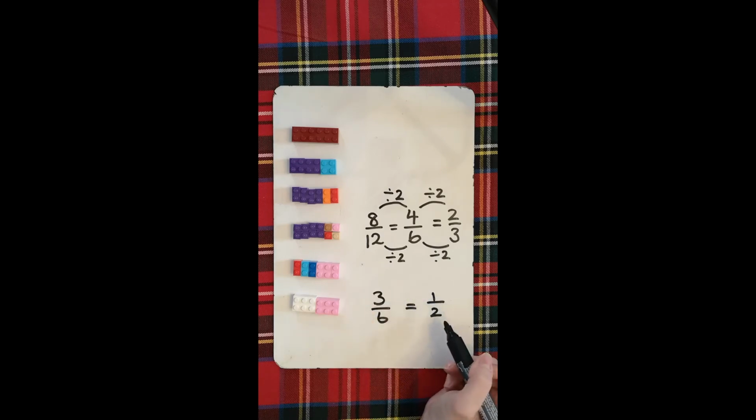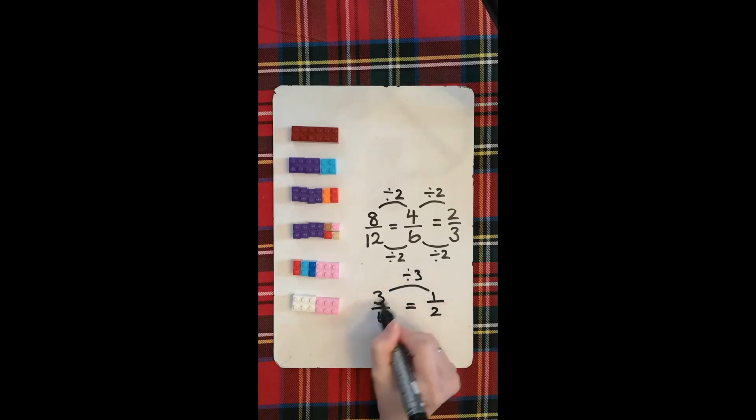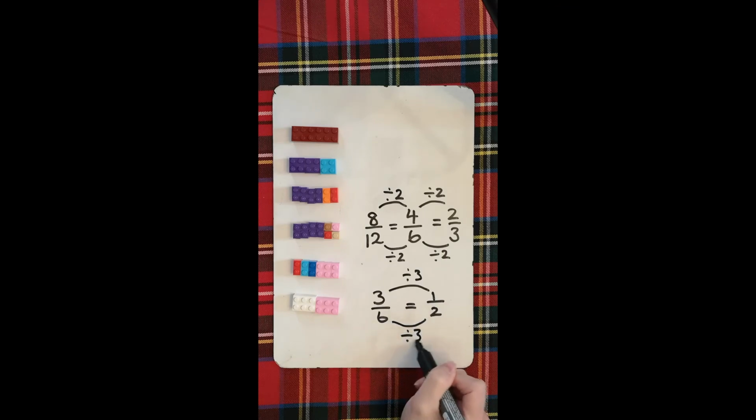So let's see what we're going to do this time. I'm going to divide by 3. 3 divided by 3 is 1, and 6 divided by 3 is 2. So just like when we multiplied, if we multiply the numerator and the denominator by the same number, we can also divide the numerator and the denominator by the same number to get an equivalent fraction.